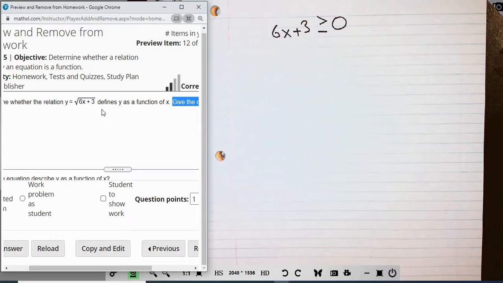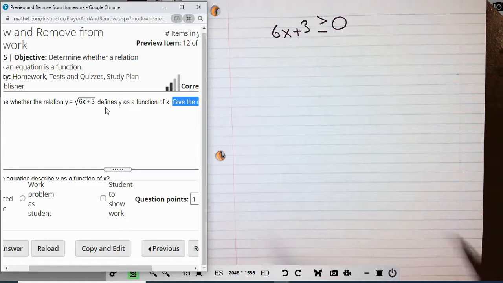Because, as we said, we don't want to concern ourselves with any negative radicands, because that's an imaginary number, and the textbook uses the term not reasonable. So all we do here to find the domain is solve this inequality.